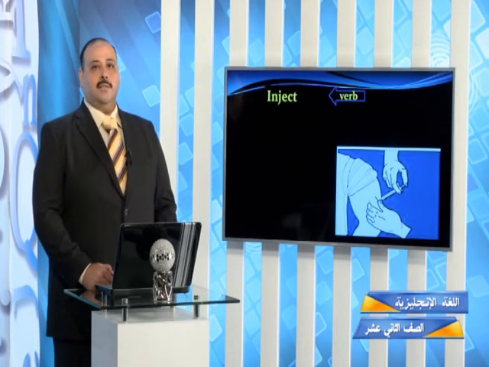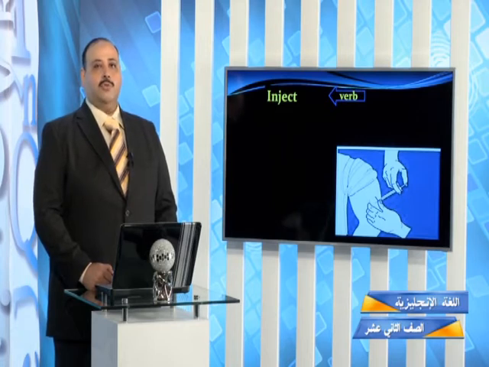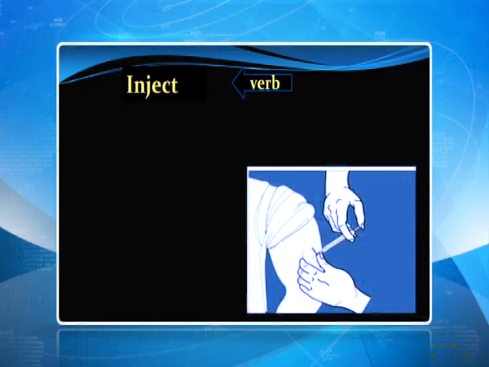To inject. So the word inject, as I told you, it's important to know what part of speech it is. It is a verb. Now, if you look at the picture, you can see someone is injecting another person. When people are sick and they need some sort of medicine, they are injected with medicine. But it's not only about medicine, it's about anything that has needles.